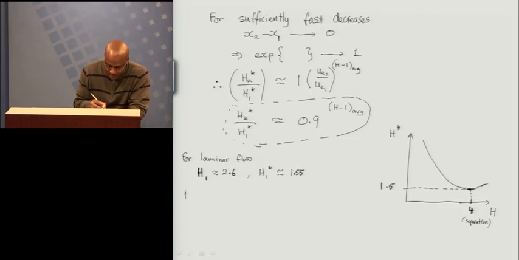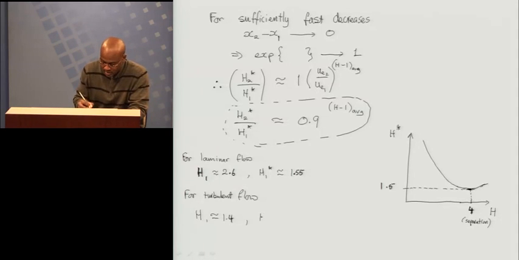And for turbulent flow, the H1 value is about 1.4, so the H* value is approximately 1.85.